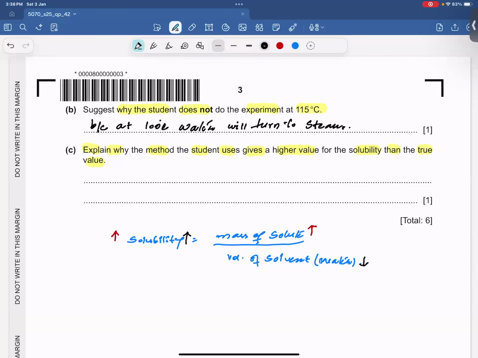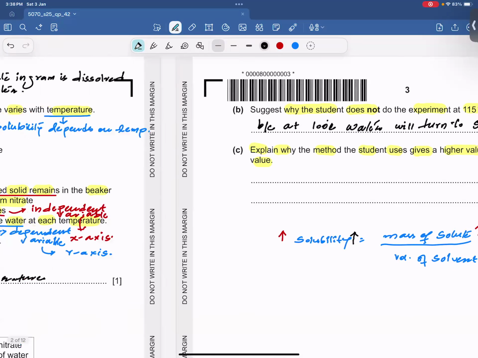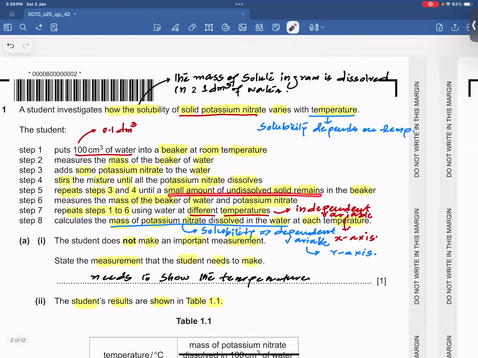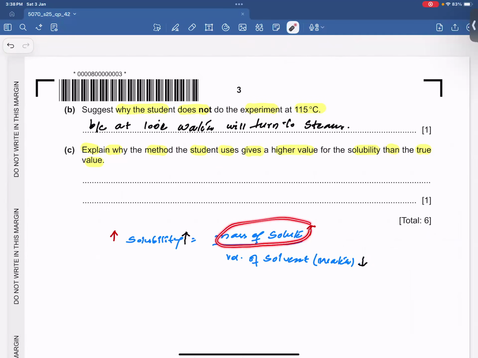Okay. So these are the two different aspects of this explanation. So it's totally up to you, whatever you need to write. If a small amount of undissolved solid remains in the beaker, it will combine with the total volume. And if it combines with the total volume, obviously the total mass of the solute increases and this increases the solubility. Let me write it down.